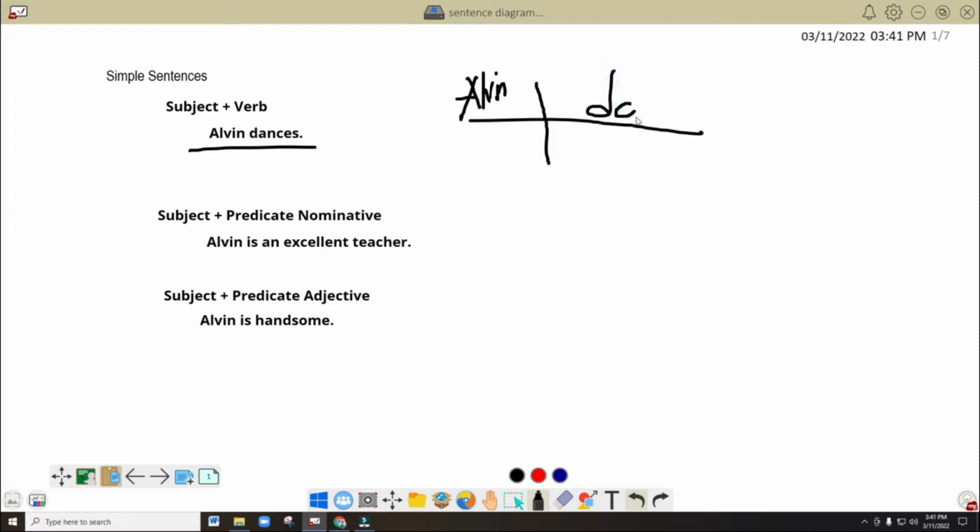Bear with my handwriting. It's not that beautiful, but I think it's still legible. So that's it. That's how simple that is. We put the subject in here and we put the verb in here. Amazing, right? That's the first one, the simple sentence with a subject and verb.